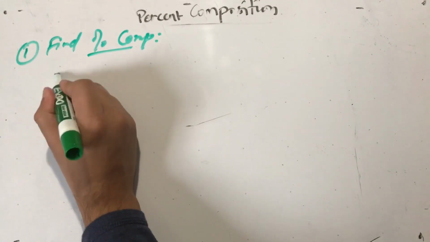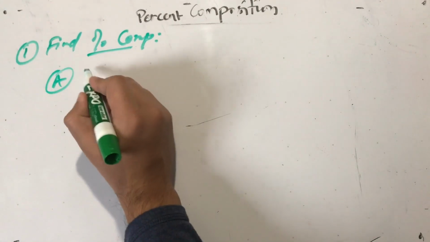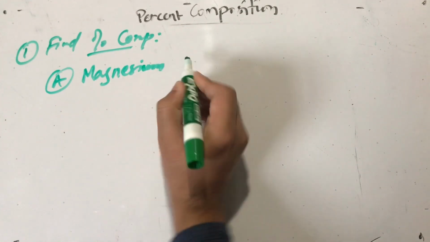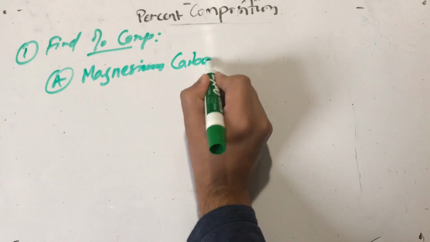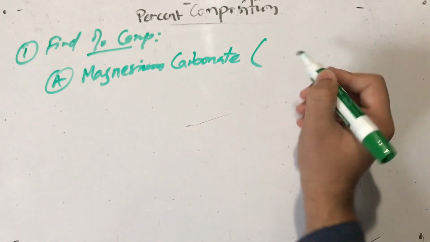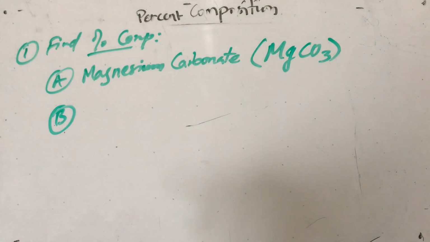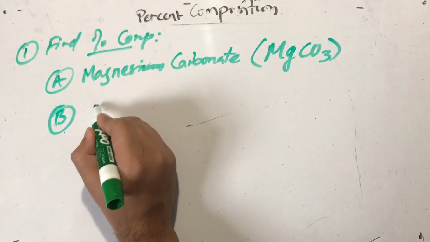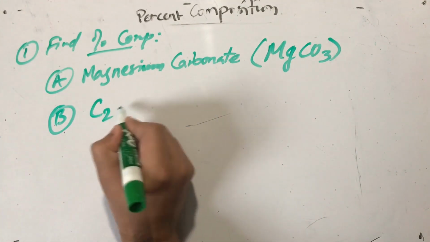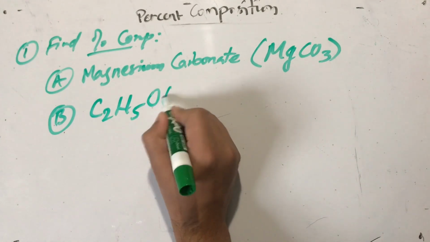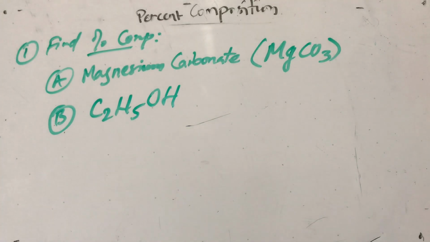For A, find the percent composition of magnesium carbonate. I'm going to give you the chemical formula for this one. For B, find the percent composition of C2H5OH. You can pause this video and find the percent composition. I'm going to have the answer posted.